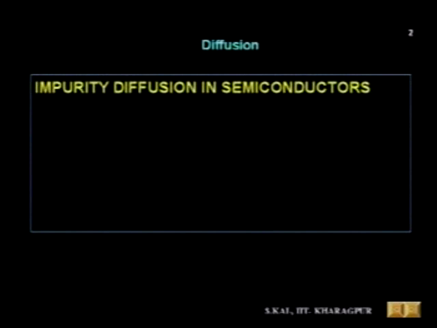This phenomenon is used in semiconductor technology to diffuse impurity atoms into the semiconductor material. Now we will concentrate on discussing impurity diffusion in semiconductors.